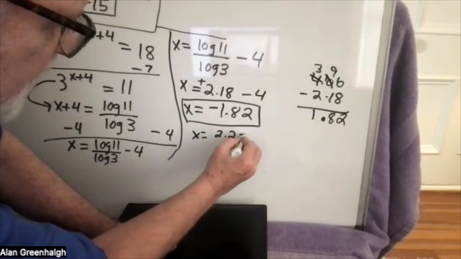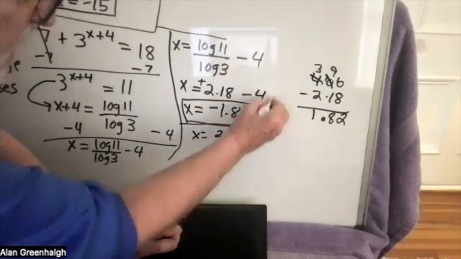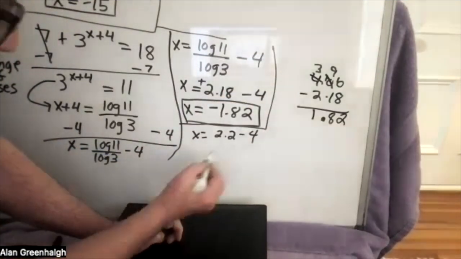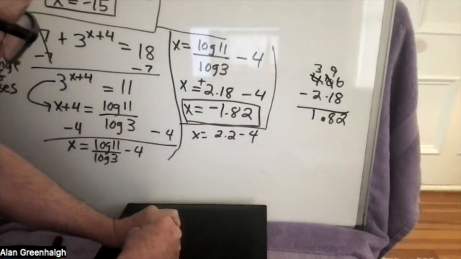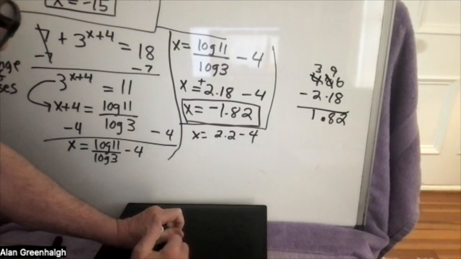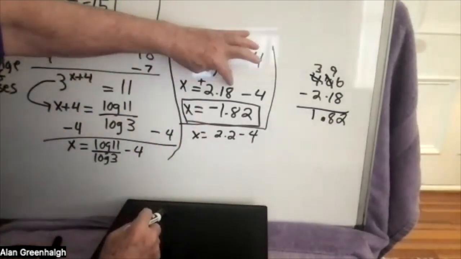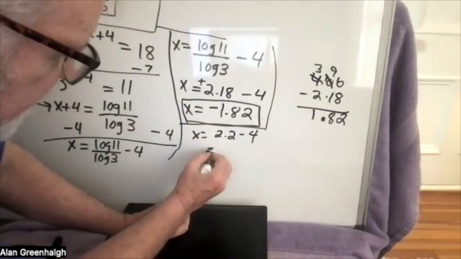That's okay. When I was doing this problem with you originally, I was doing it to the nearest tenth. So if you want to make 2.18 equal to 2.2, yes, that's fine.